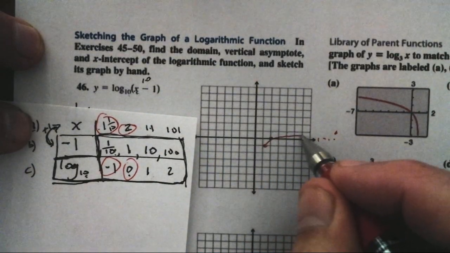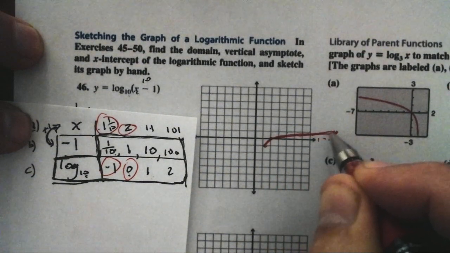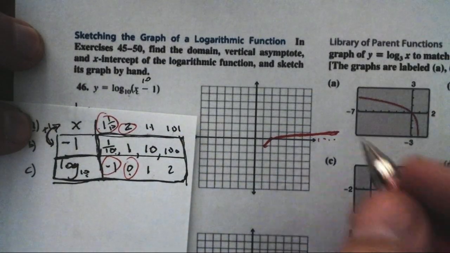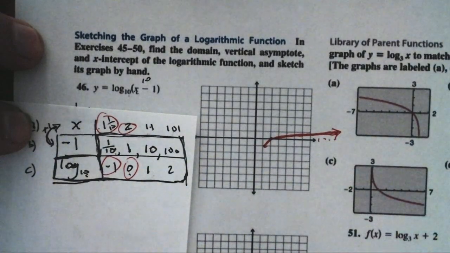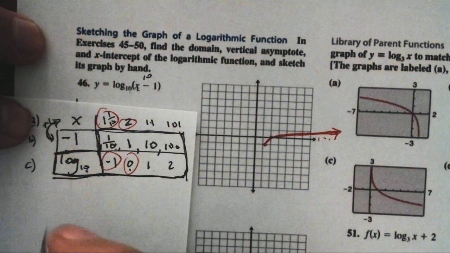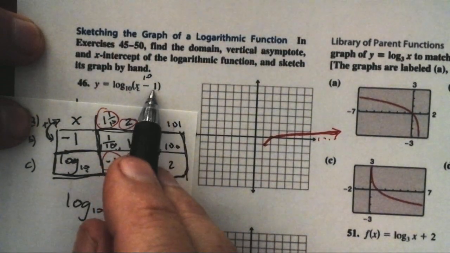So this graph wants to look like this curve. And you notice it really flattens out because I have to go all the way out to 101 just to get up to 2. Now, definitely worth pointing out: if I choose 1 for x, I get log base 10 of 0.